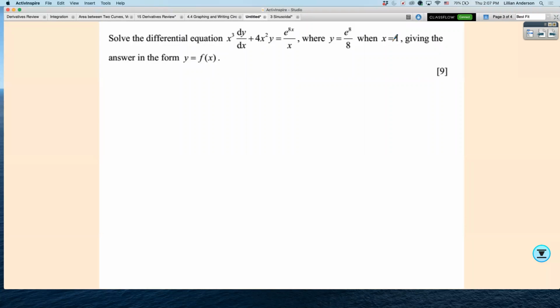How should I start this one? Divide by x to the third. Isolate, divide by x. So then that gives me dy over dx plus what?